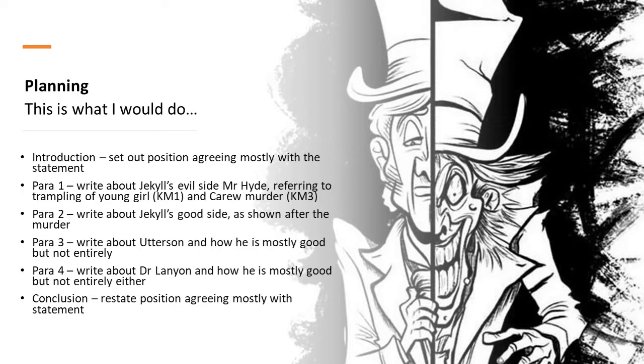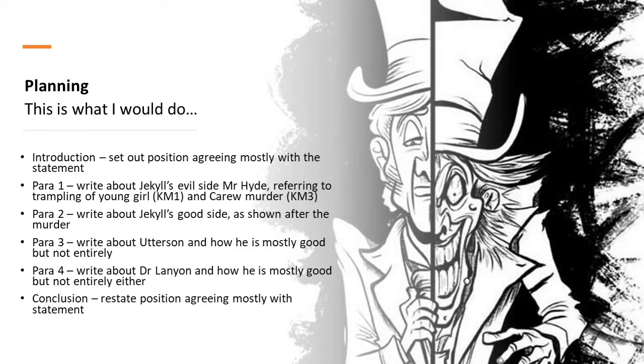a darker side. And then in paragraph 4, I would write about Lanyon and how he's mostly good but not entirely either, because if he was entirely good, I would argue he wouldn't have stayed to witness the transformation of Hyde back into Jekyll if he didn't have that curiosity. So you could link that to Utterson in chapter 1, wondering almost with envy.